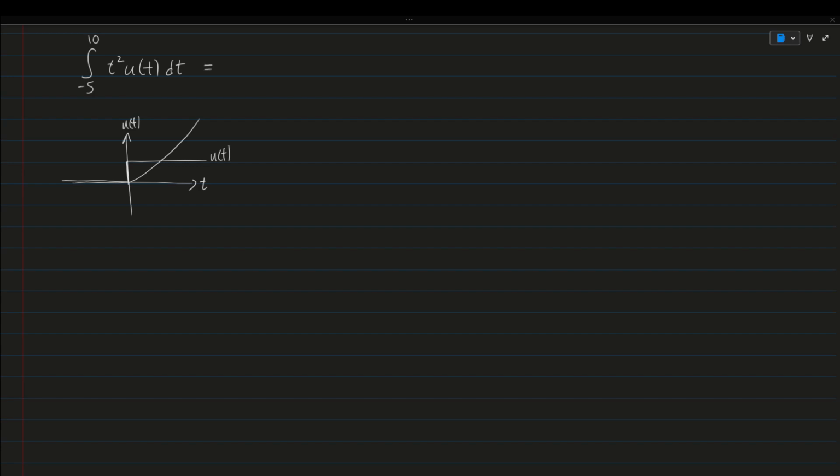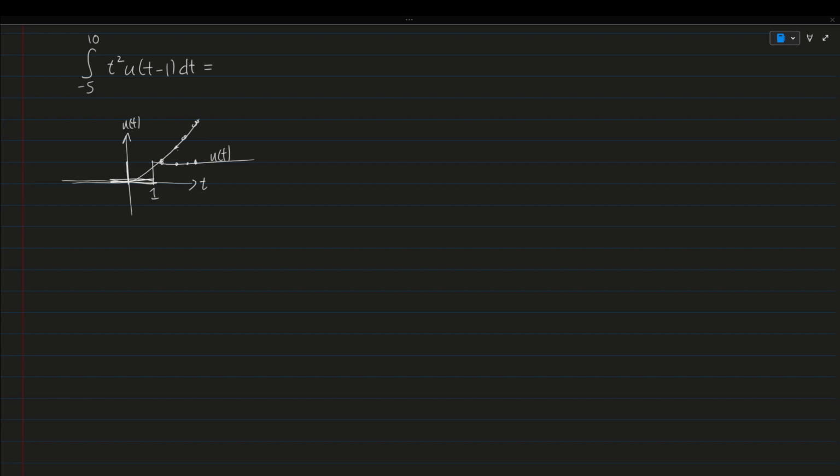Well, let's say we had the integral of t squared times u of t minus 1, dt. Then we would have the unit function shifted at 1, and everything before 1 is just 0. And then the unit function goes like this. So we would only have the points over here because all these points are multiplied by 1.